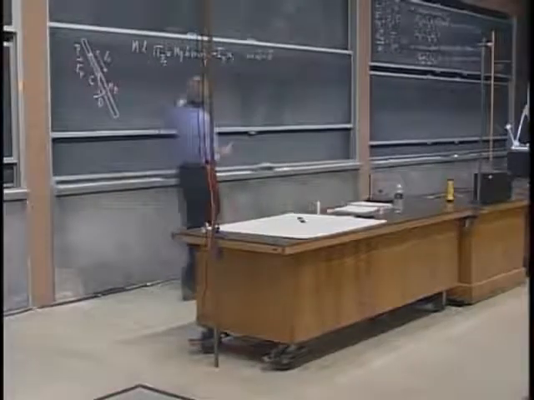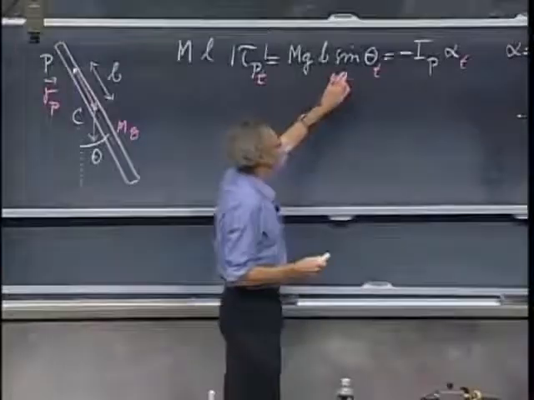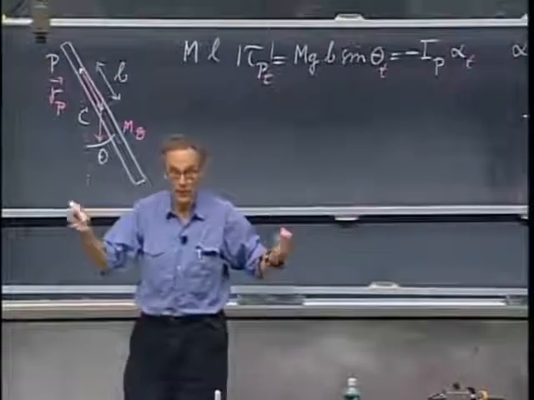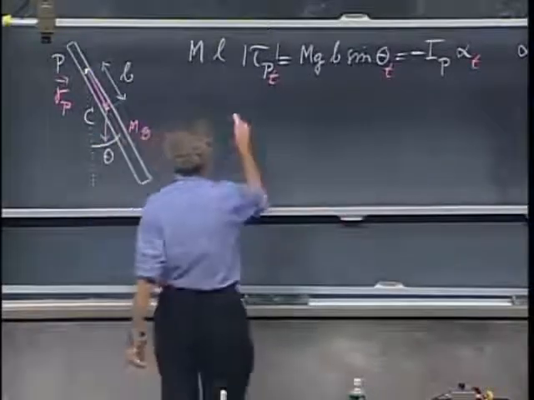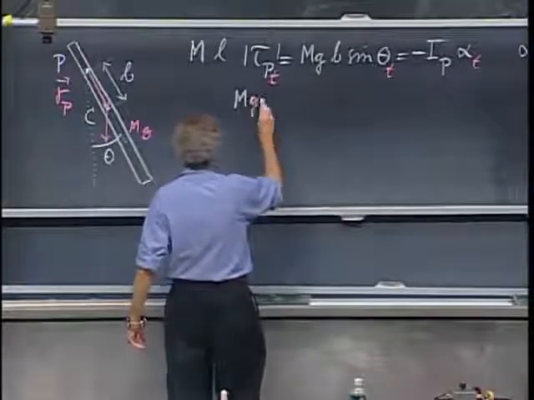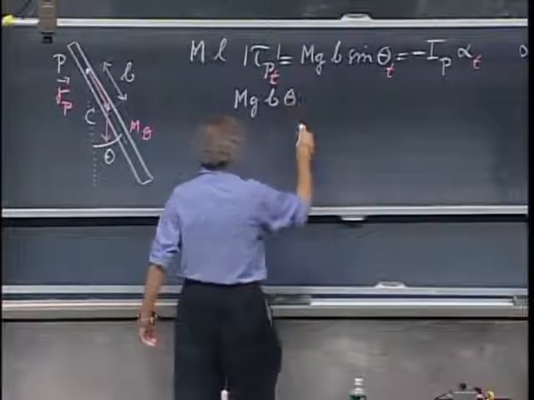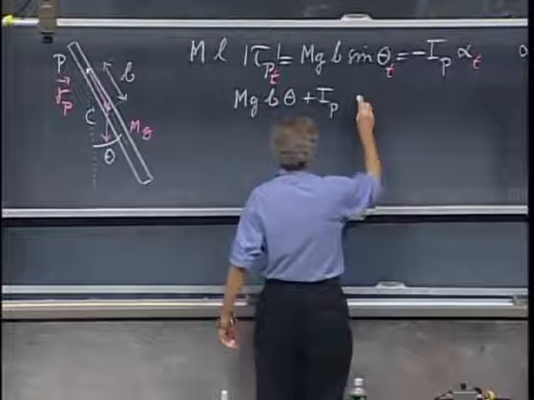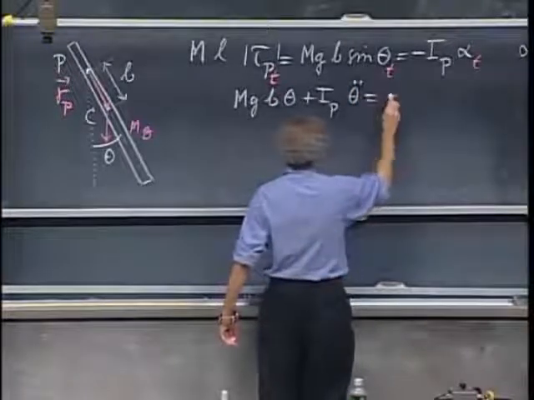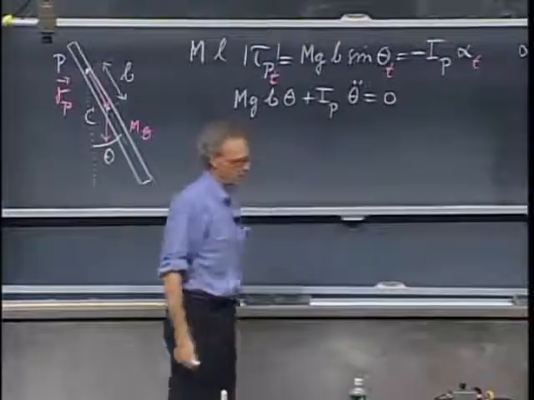I say, aha, small angle approximation, then the sine of theta is theta. We've done that before, provided the angle is in radians. And so I'm going to get that mgb theta plus I relative to P times theta double dot equals 0.